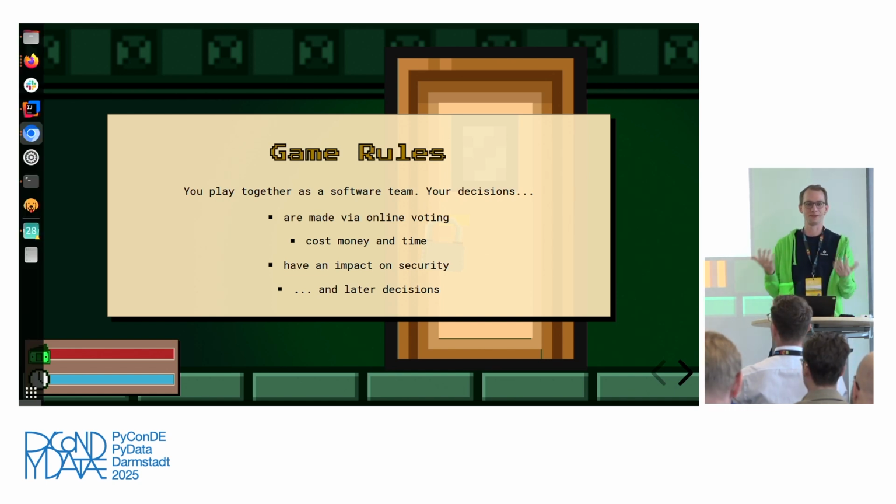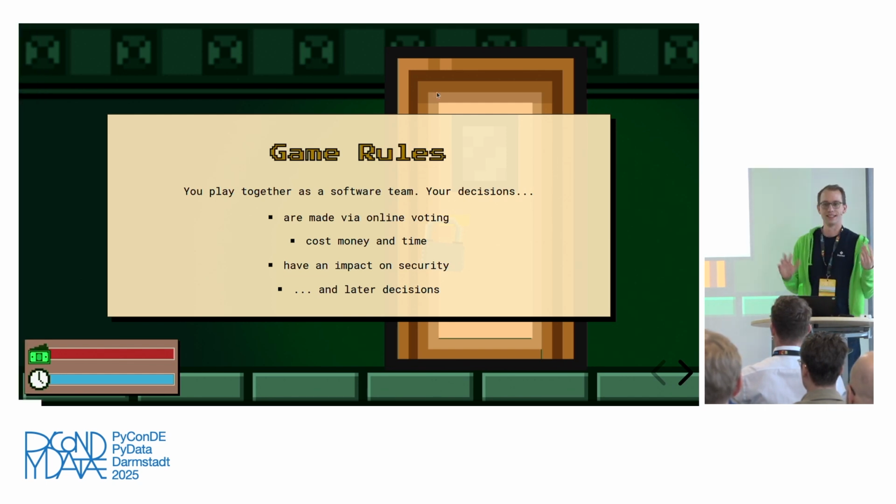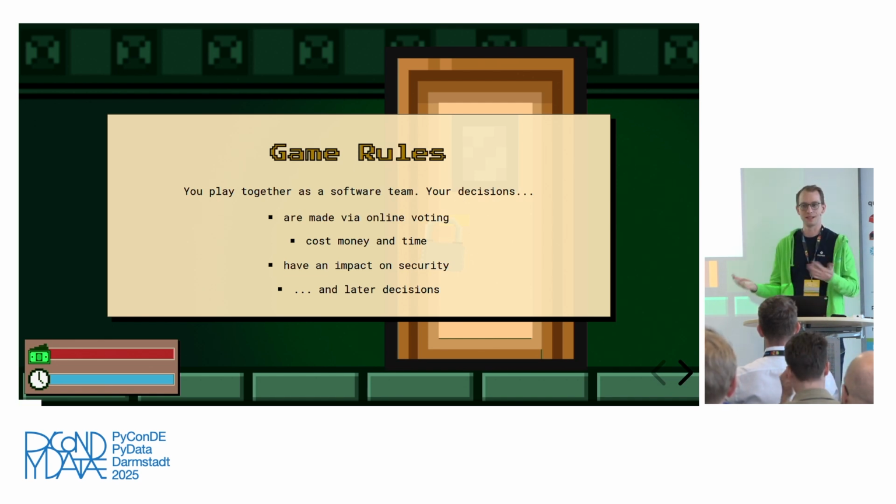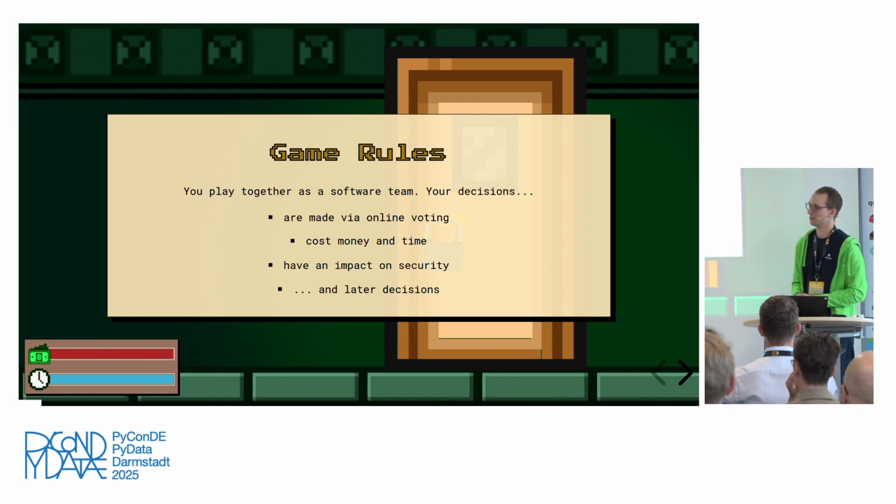So you will have to guess, and you will have to make sure that you stay within the budget you got. All your decisions will have an impact on security, but we will have a look at that later. And of course, they will change the flow of the game, and they will interact with the decisions you make later. So classic role adventure rules here, I would say.